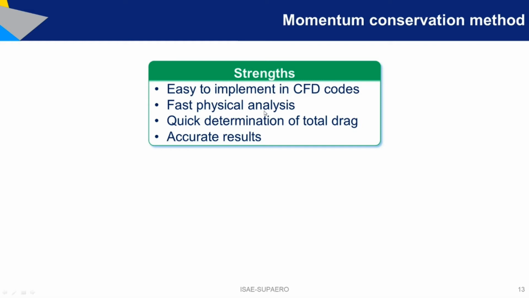But the very interesting point of the momentum conservation method is that you can compute drag very fast and very accurately, only based on data available at the survey plane just downstream of the body, and that's the major application for CFD to compute total drag in an accurate manner. And this is even more accurate than the near field method, provided the mesh refinement is good enough across the wake.